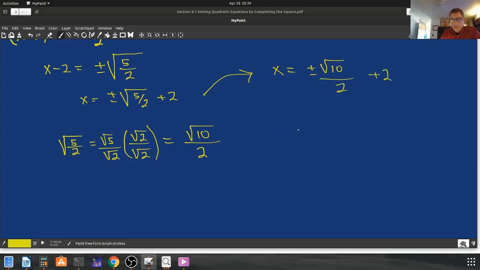And again, just to reiterate, that means x is equal to the square root of 10 over 2 plus 2, or x is equal to minus the square root of 10 divided by 2 plus 2.